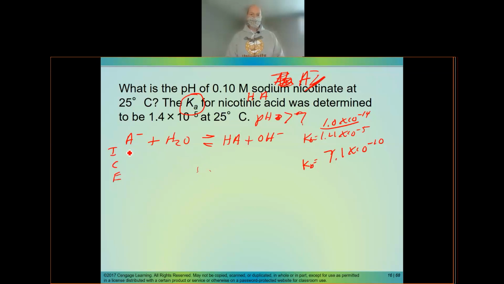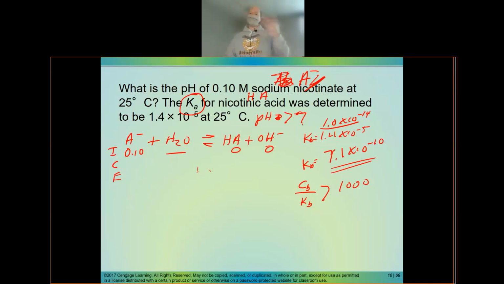All right, so now we're ready to do our change in our equilibrium. So the A minus concentration is 0.1. Water doesn't matter. We didn't add any of these. So now we have to check our x. So we're going to take the initial concentration of our base divided by the equilibrium constant for our base and make sure that that is greater than 1,000. In this case, when you're dividing by 10 to the minus 10, I'm not even going to bother to put that in.